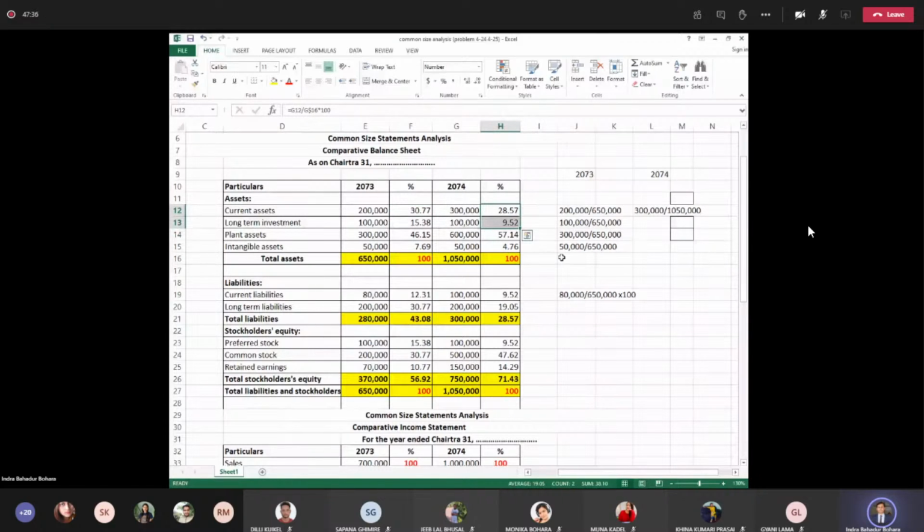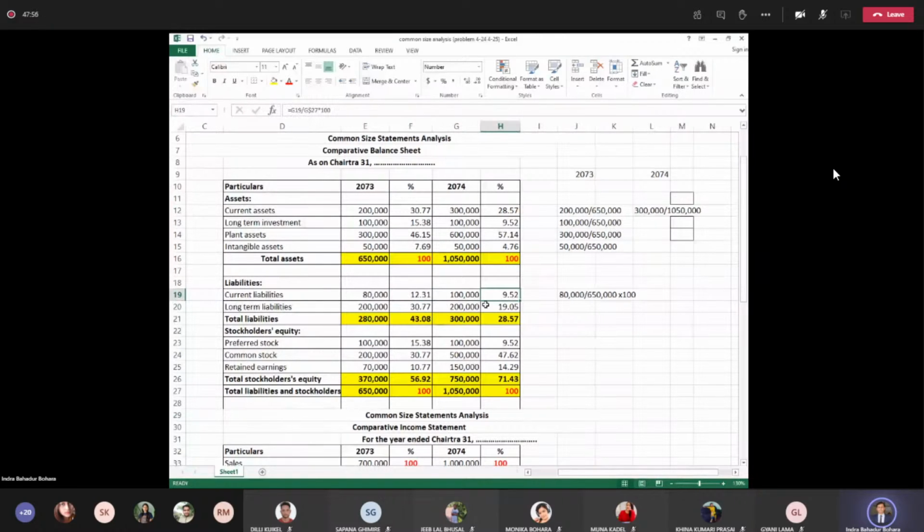Is it better or worse? What do you guess? Better or worse? It is better because current liability also decreased from 12 percentage to 9.52 percentage.